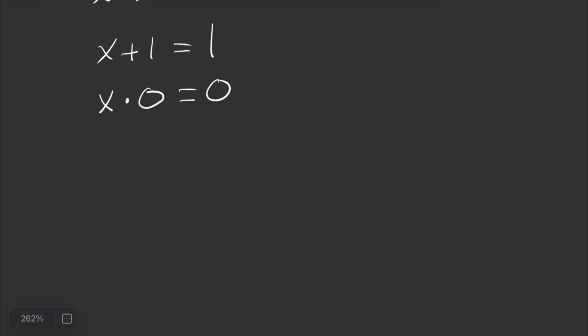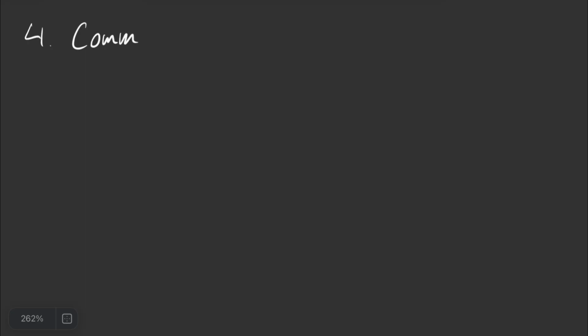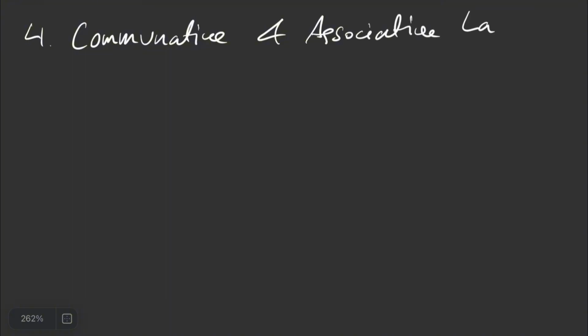For our fourth law, we have the commutative and associative laws. All this means is x or y is going to be the same as y or x, similar to addition. And also x and y is going to be the same as y and x.